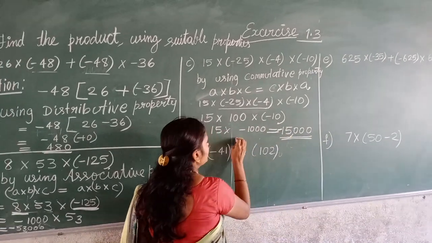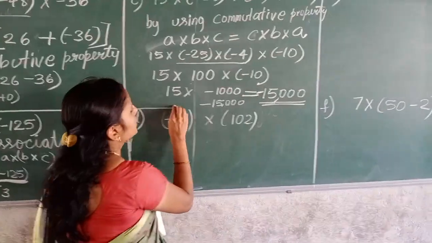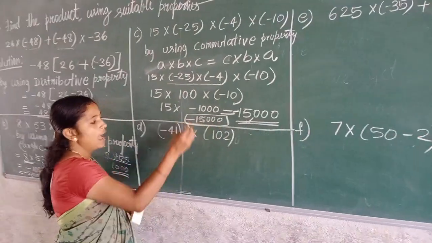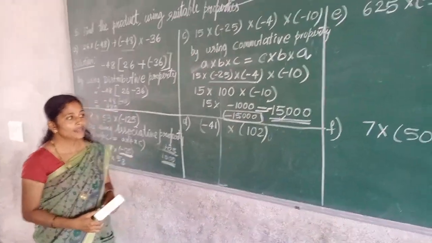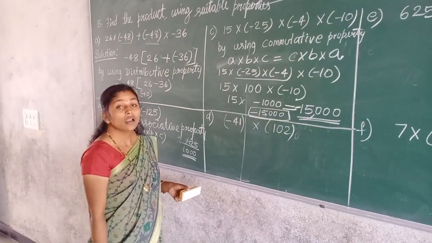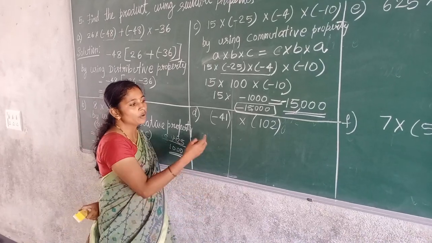So the answer is minus 15,000. Hope you understood. Which property did we use here? By using the commutative property. Let us go to the next one.